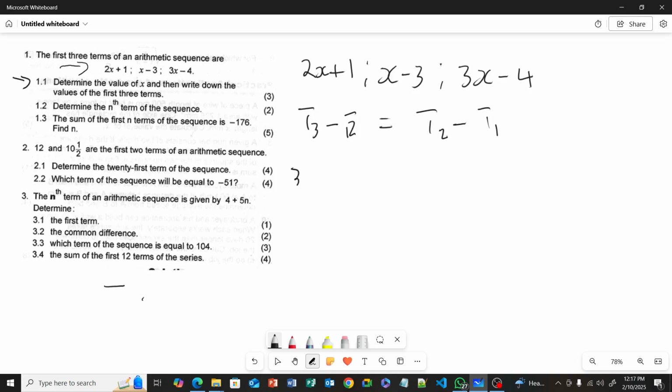T3 is 3x minus 4, minus T2, we put it in brackets, (x minus 3), which is equals to T2, which is x minus 3, minus, we put it in brackets, (2x plus 1).